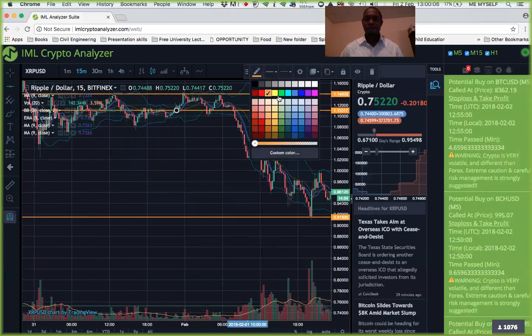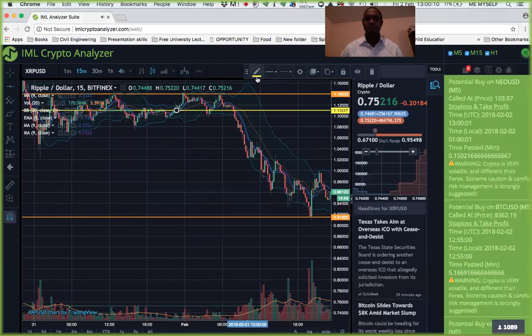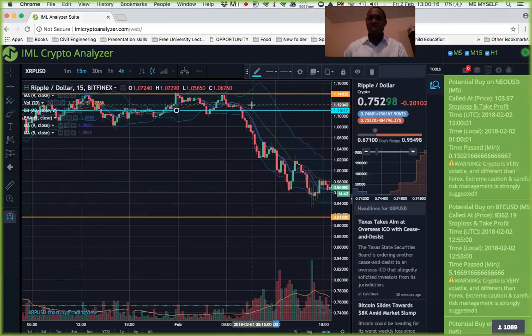Let's change the color. So what you want to do is enter your sell here, have your stop loss just above your previous high candle on your 15-minute chart.